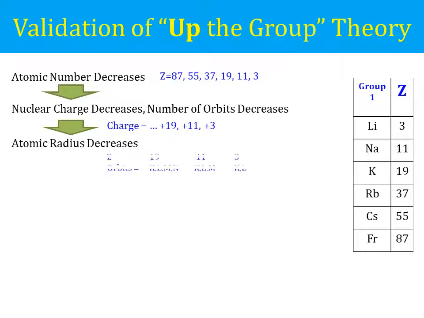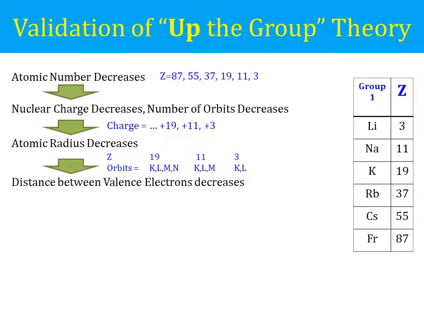Atomic radius decreases up the group because the number of orbits decreases. As you can see, the number of orbits is decreasing: 19 has K, L, M, N, 11 has K, L, M, and 3 has K, L. The radius decreases, and hence the distance between valence electrons decreases.